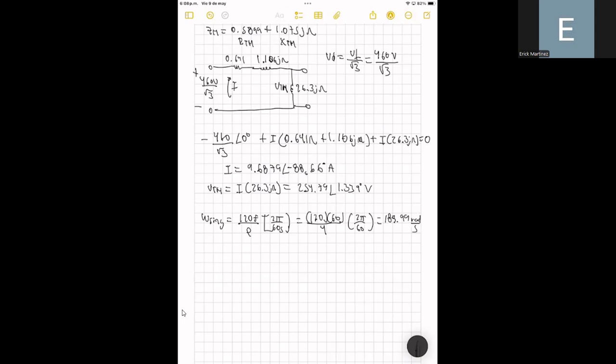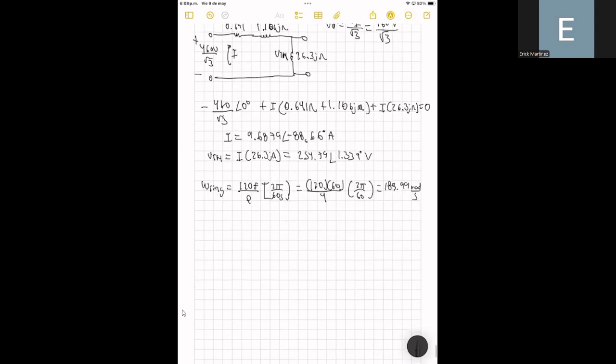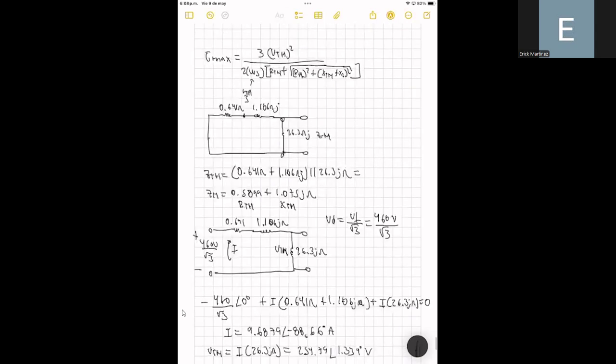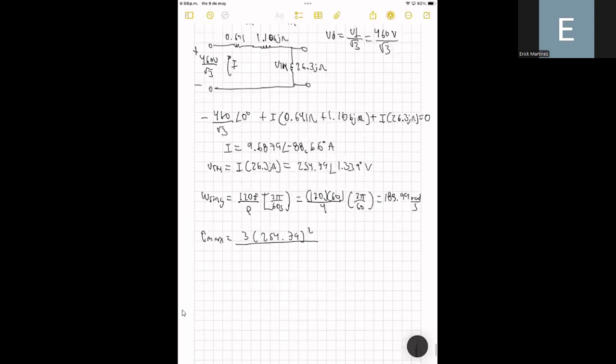And well, what else can we do? With this information, we can compute the maximum torque if we substitute the values in the equation that we saw at the beginning. So we have 3 times 254.79 squared, and this is divided. Now, remember that the equation requires the Thevenin voltage. So my Thevenin voltage was this one.